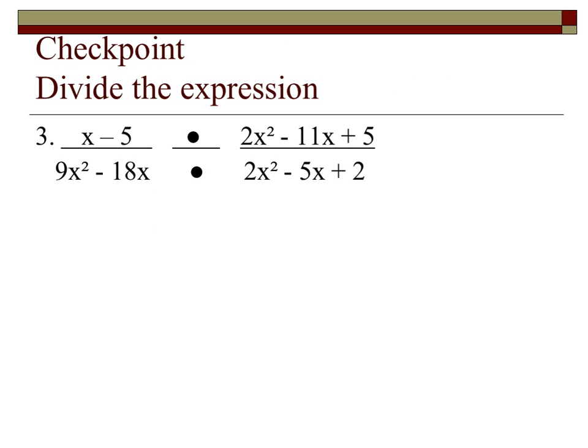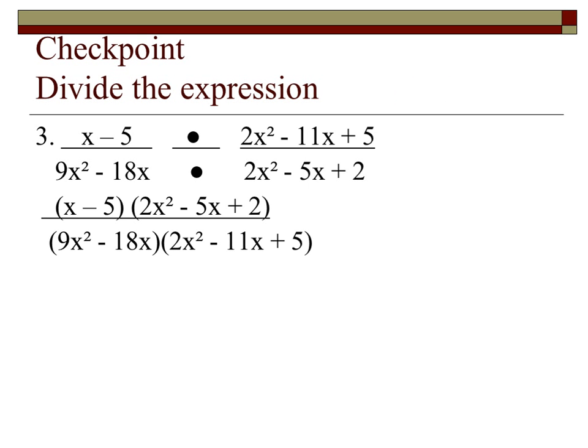Alright, maybe another example. x minus 5 over 9x squared minus 18x divided by 2x squared minus 11x plus 5 over 2x squared minus 5x plus 2. So, I recommend that you keep, change, flip. Everything is together at this point. It means the same thing as if you had separated by a multiplication symbol.